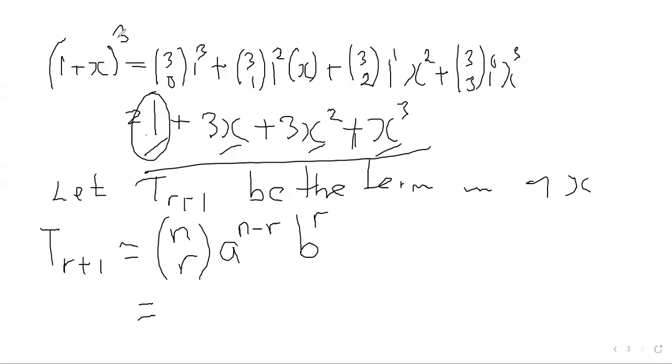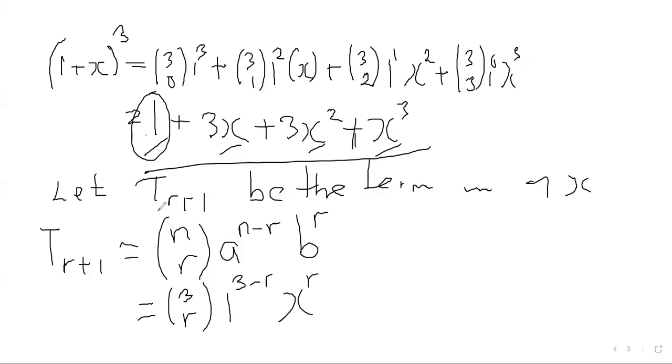The value of n is 3. So where there is n, you put 3. The value of r here is not known, so you leave it as r as it is appearing. The value of a is the first term, which is 1. So you put a 1 here, and then 3 minus r like that. Next, b is equal to x to the power r.